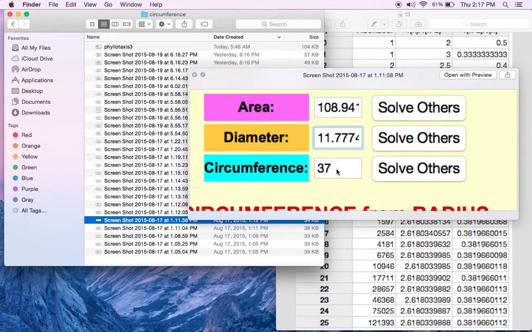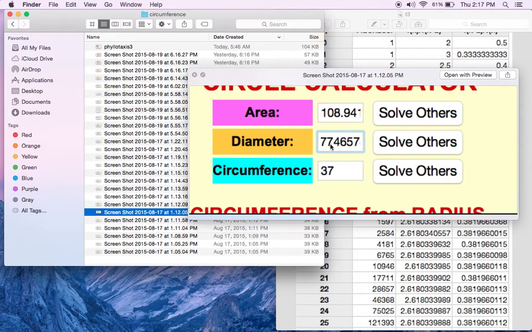I put 37 as the circumference because that's one of the first star numbers. Genesis 1:1 is actually the value of the product of two star numbers: 37 times the second star number, 73, is 2701. Anyway, I put 37 and I find 11.777. It keeps going. Then 4657.